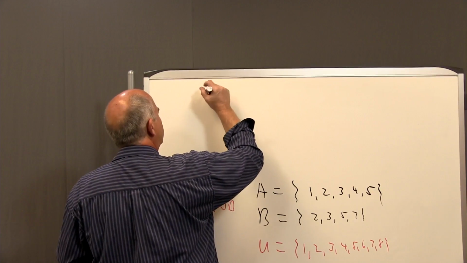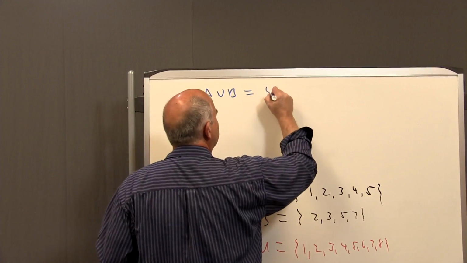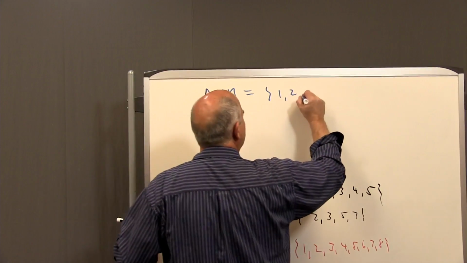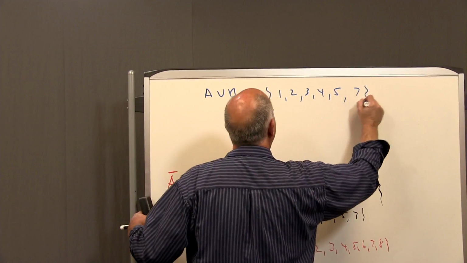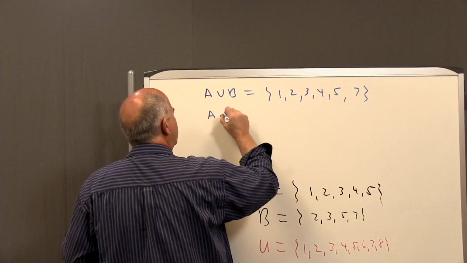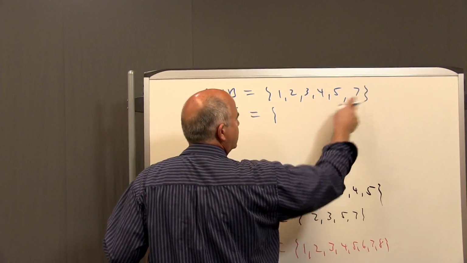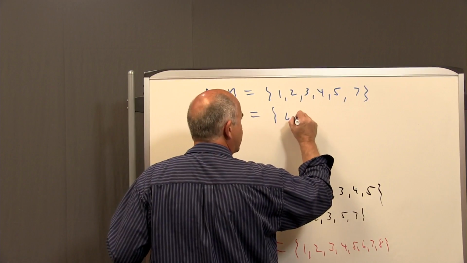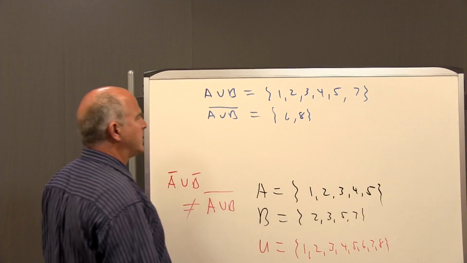Well, let me do A union B first. A union B is equal to 1, 2, 3, 4, 5, 7, and A union B with a bar over the top of the whole thing is everything that's not that. So that would be 6, 8. I believe that's right.